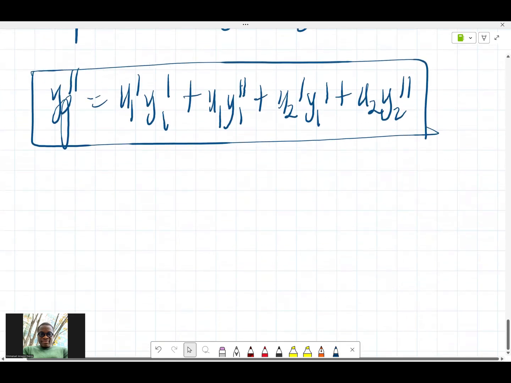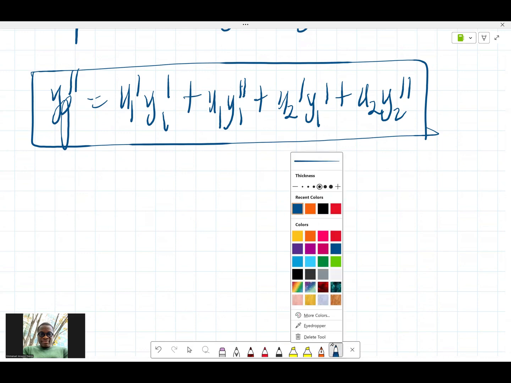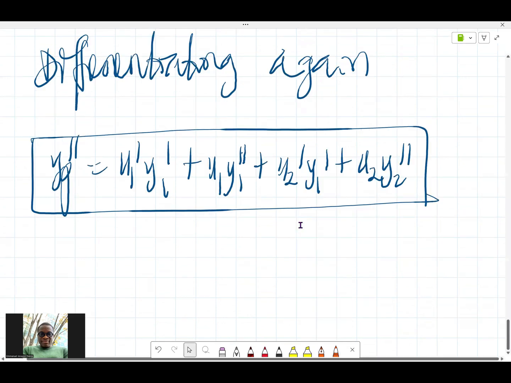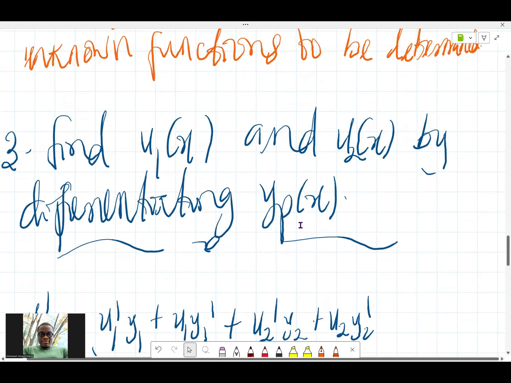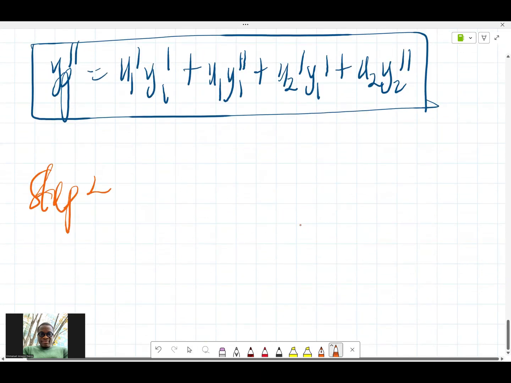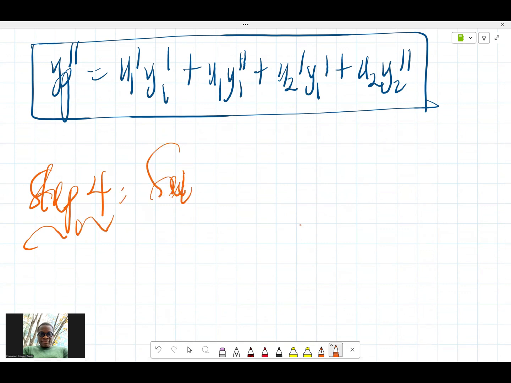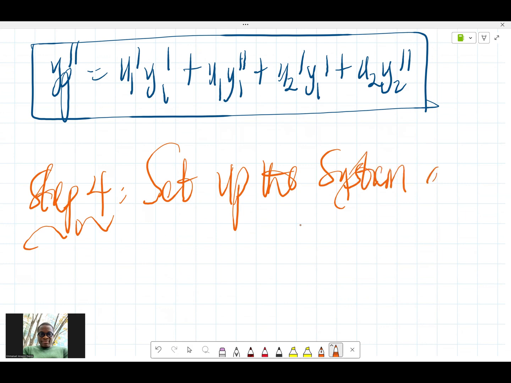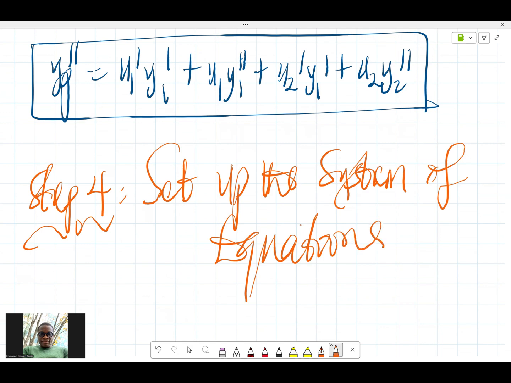All right. The next thing we want to do now, this is step three so far. Now step four. In step four, we need to set up the system of equations. Not to worry. At the end of the day, the implementation is something very simple. What we're doing here is just some kind of derivation.